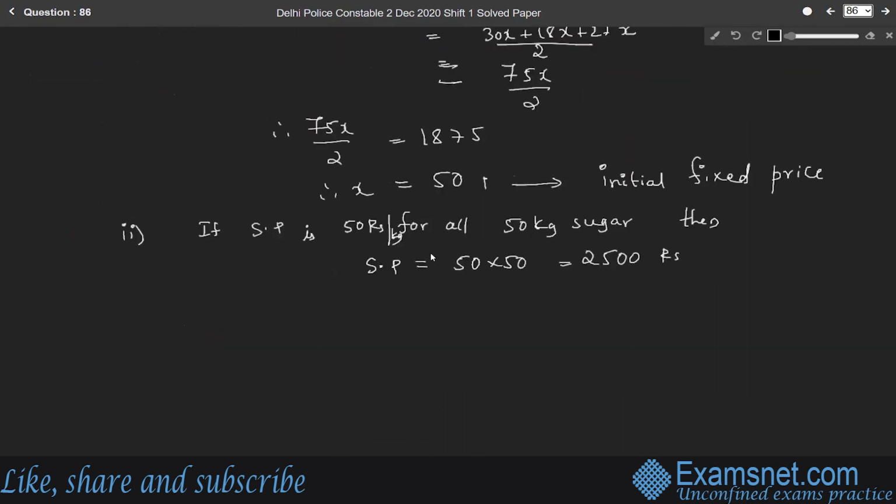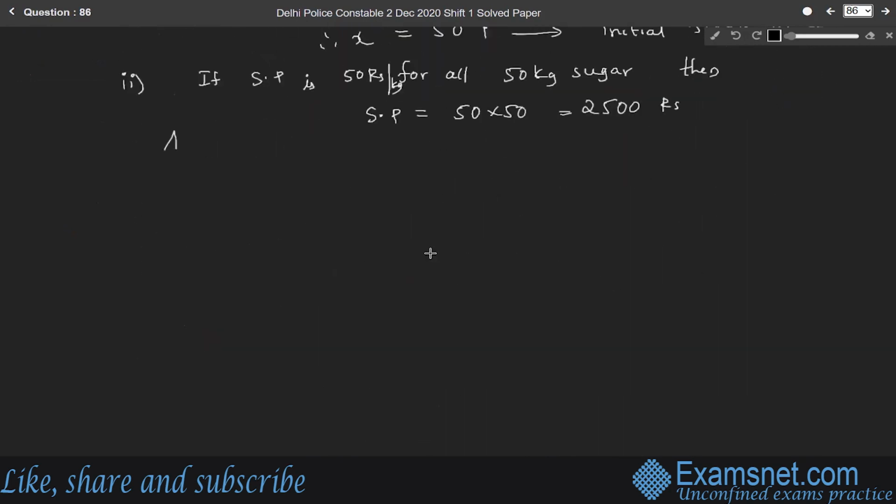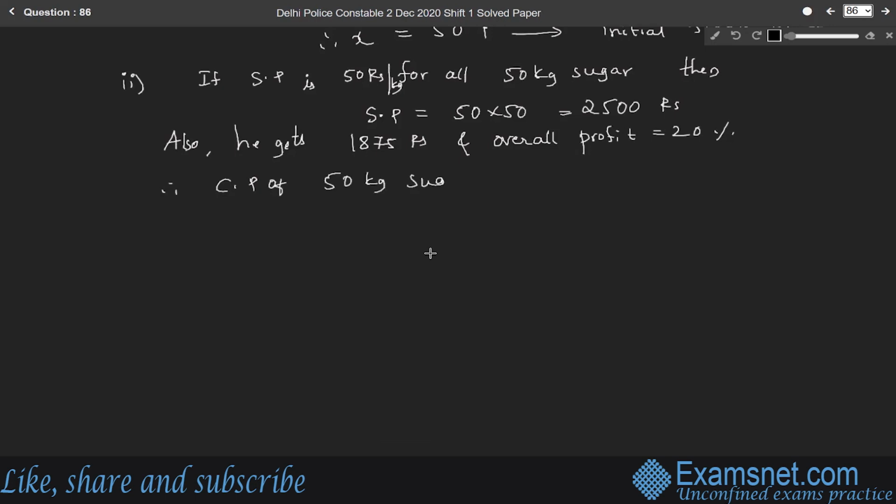Therefore, also he gets 1,875 rupees and overall profit is equal to 20%. Therefore, cost price of 50 kg sugar. What is cost price?